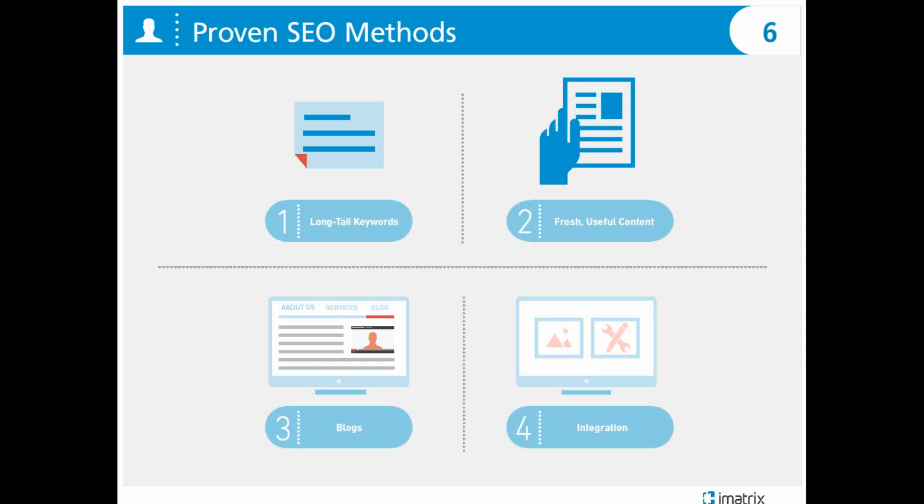Two, fresh, useful content. So remember, like I said, the refresh factor is important. One reason why blogs do so well is because they're constantly refreshed. If you ever notice that you'll type certain things in and you see these blog sites pop up all the time, it's because it keeps your content fresh. And Google wants to see that.